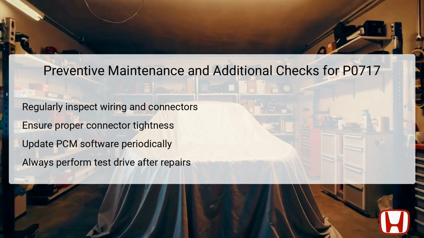Regular PCM software updates improve vehicle communication stability and fix known issues, which can prevent sensor-related problems from arising. After any repair, conducting a thorough test drive confirms system operation in normal conditions. Adopting these preventive practices helps maintain the health of the transmission sensor circuits and avoids future diagnostic trouble codes.